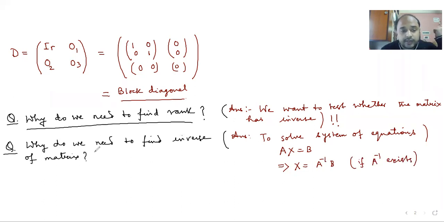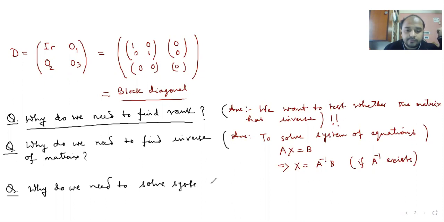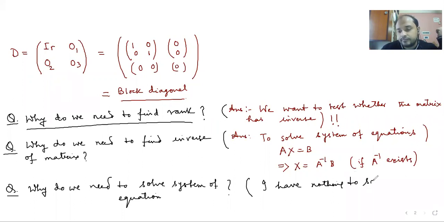And a student who is repulsive towards maths, if he asks me why do we need to solve system of equations, then I have nothing to say. This is the answer. Therefore, this is the reason for which we are interested in rank.